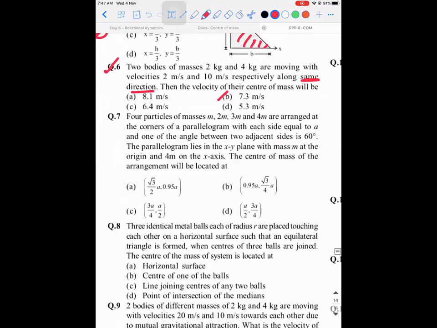Four particles of mass m, 2m, 3m and 4m are arranged at the corners of a parallelogram with each side equal to A, and one of the angles between two adjacent sides is 60 degrees. The parallelogram lies in the xy plane with the mass m at the origin and 4m on the x-axis. The center of mass of the arrangement will be located at.